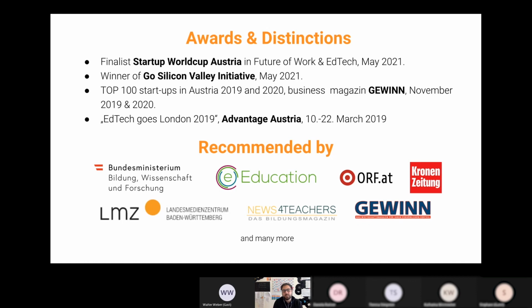We're very happy to be finalists of the Startup World Cup Austria in the category of Future of Work and EdTech, and we also won the Go Silicon Valley initiative just this May, and of course are recommended by quite a lot of ministries of education in Austria and in Germany.